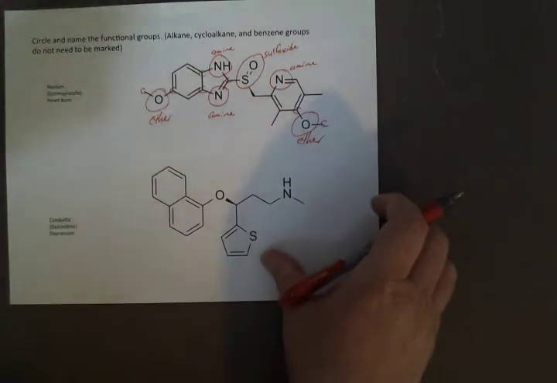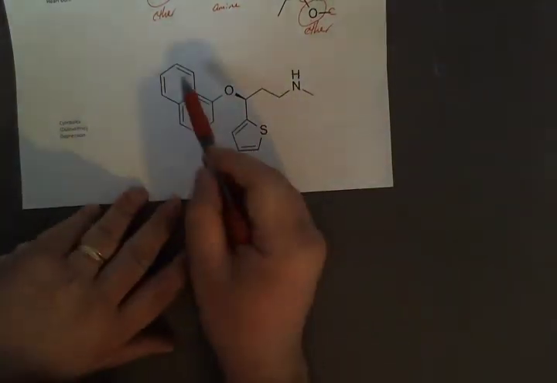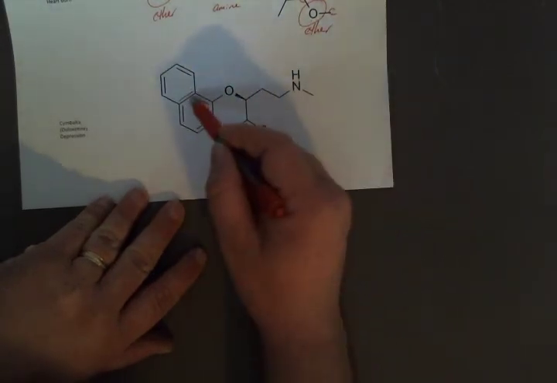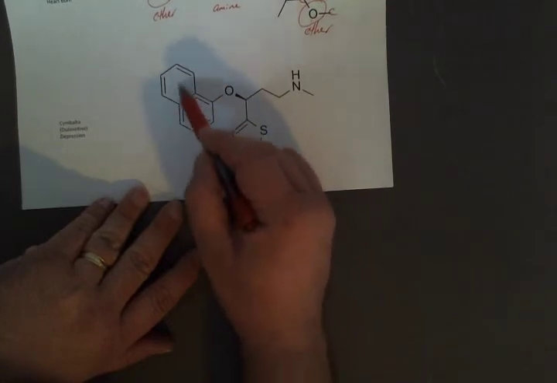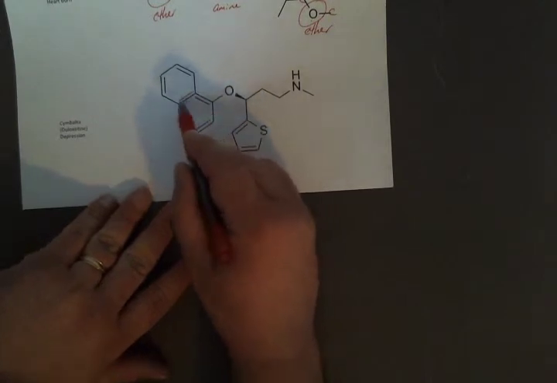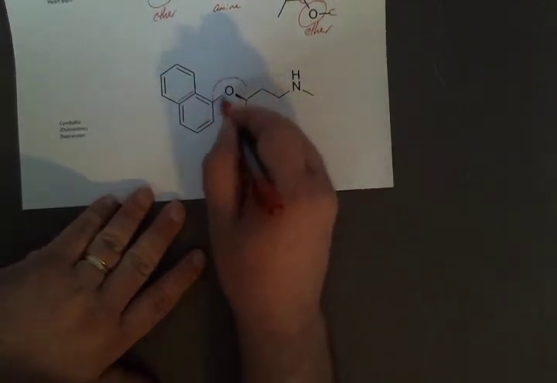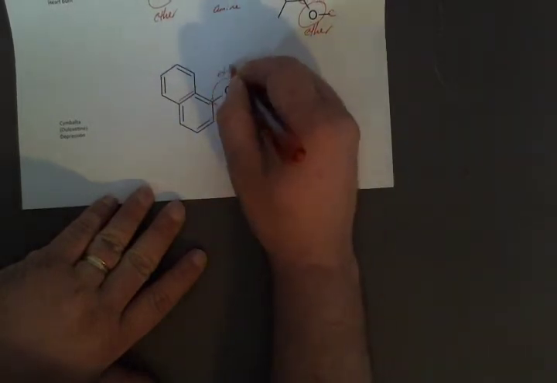Nexium. Next one is Cymbalta, duloxetine. It's used for depression. Okay, so here we go. I know this doesn't look like it, but this one here is actually a benzene. These two are actually 2 benzene groups, so that's how this would actually work. You can sort of think of that as being that down there. This one right here, there's carbons on either side, so this is an ether.